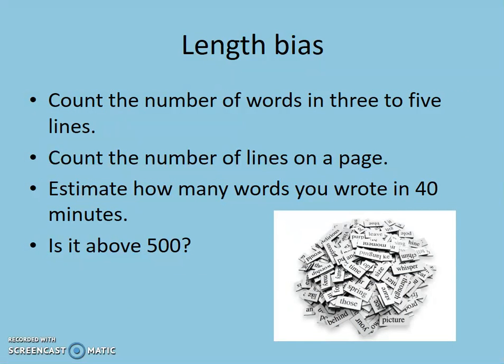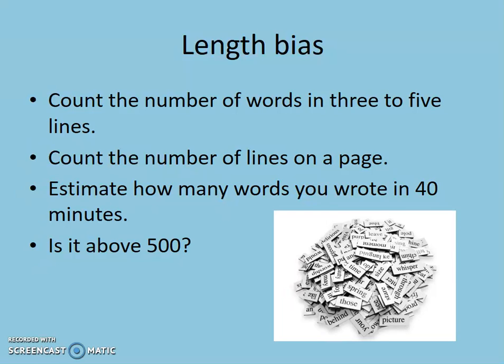So I talked to you the other day that there is something called the length bias. And so everybody, let's take a look at your paper. Count 3 to 5 lines, how many words you have on the line. Some people get 7 words, some people 10 words, some people 11. When I do a word count, I just pick 3 random lines. All right, average that. So let's say your average is 8.